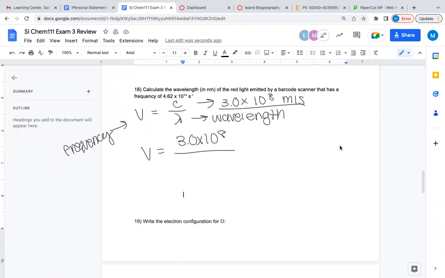And on the bottom, we have the energy, the 4.62 times 10 to the -18.